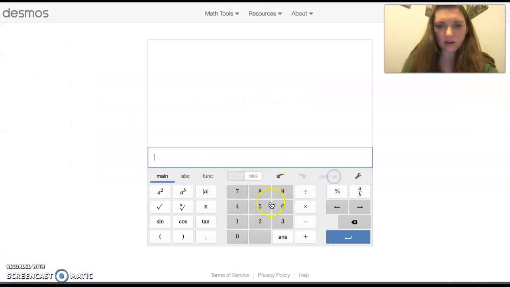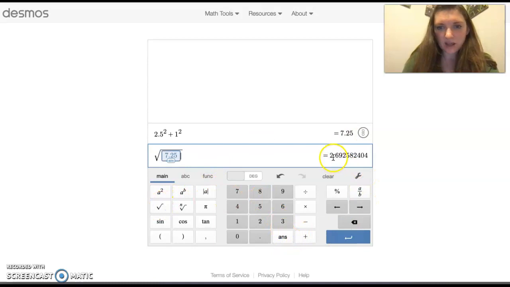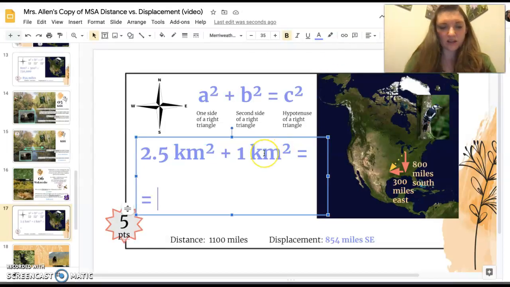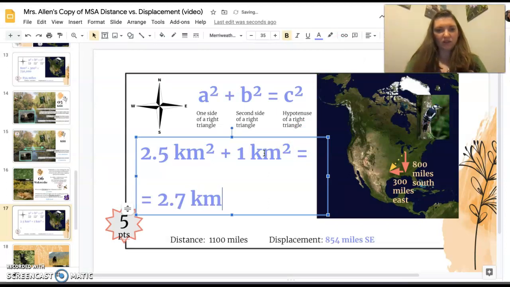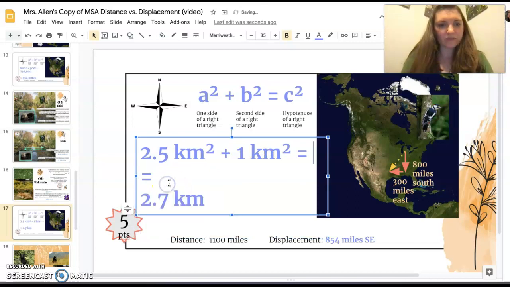So clear all, 2.5 squared plus 1 squared equals 7.25. So that's not our answer. We got to do the square root of the answer. So 2.7 is going to be our thing here, 2.7 kilometers. I guess I should do one more line there.